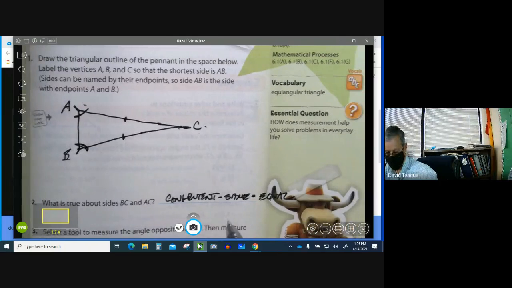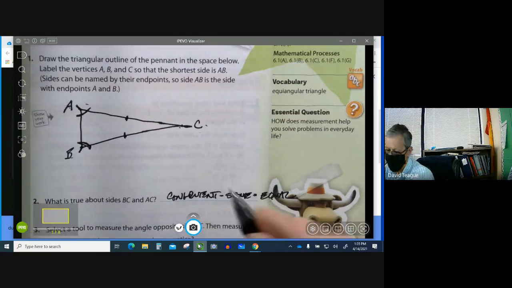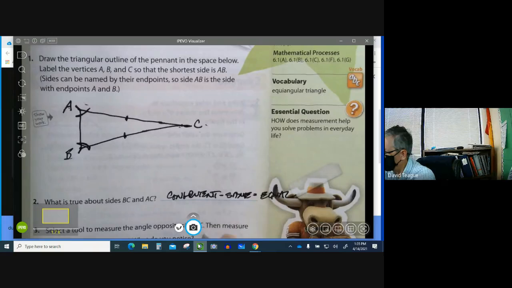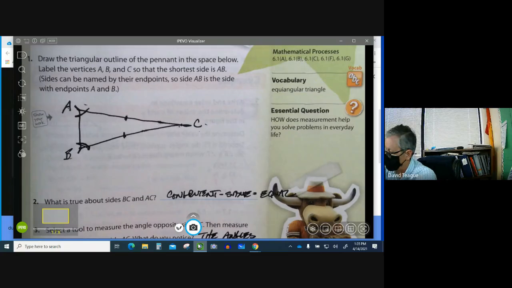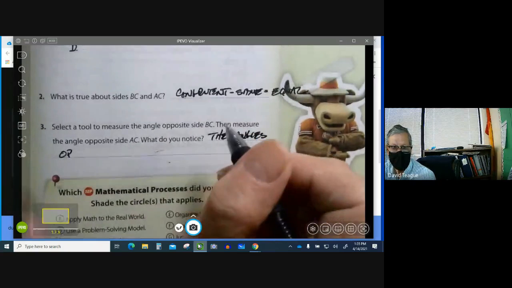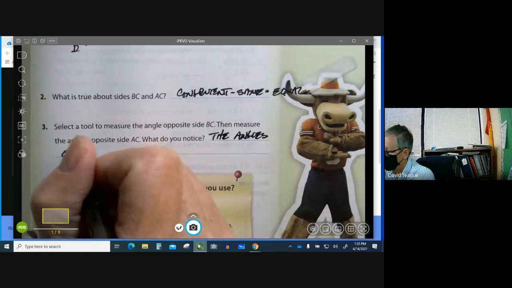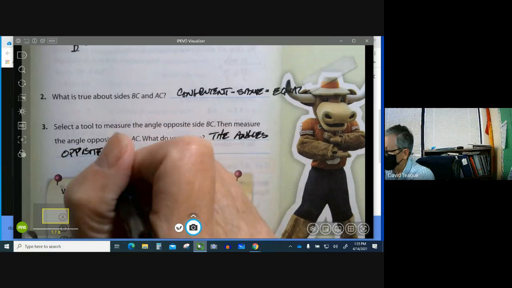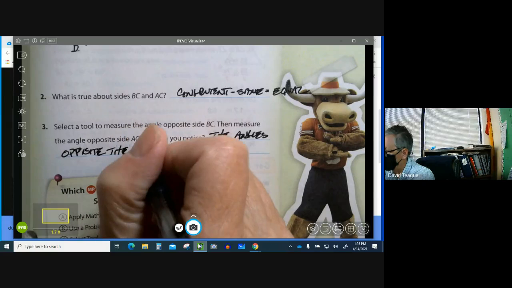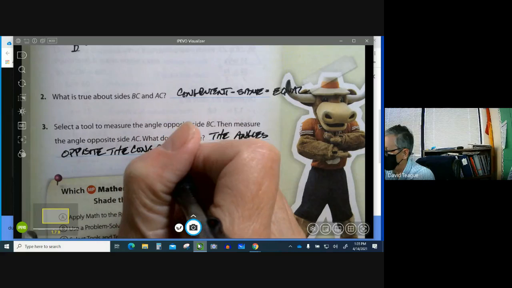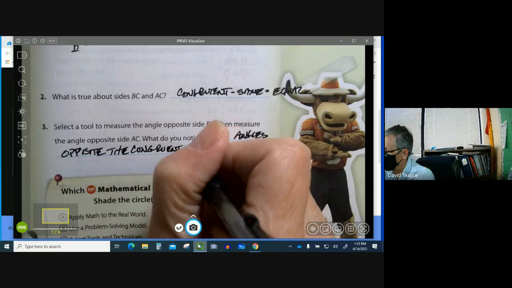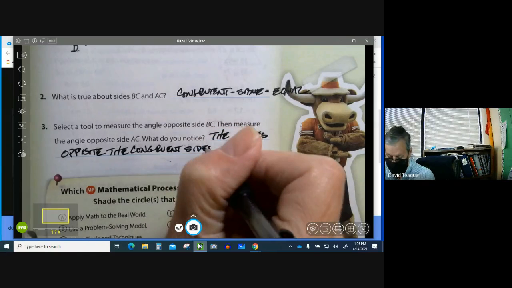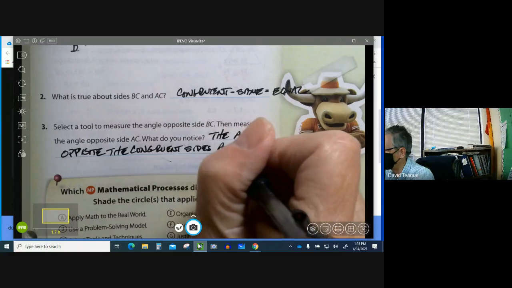But what we would find if we had a really good drawing is that the angles opposite the congruent sides are congruent.